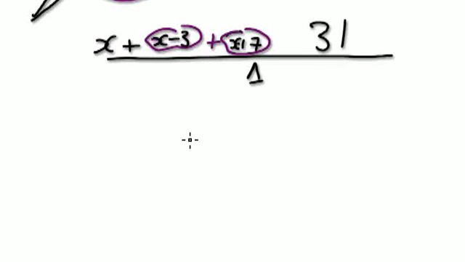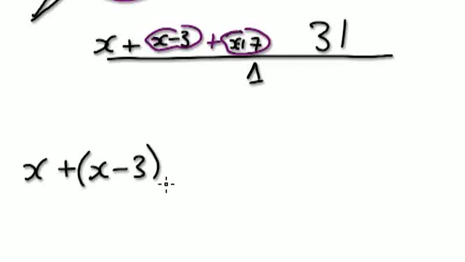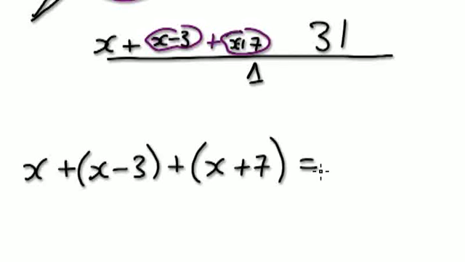Basically now we can just put it into an equation. So it's x plus x minus 3, which you can imagine as being in a bubble, plus x plus 7, equals 31.